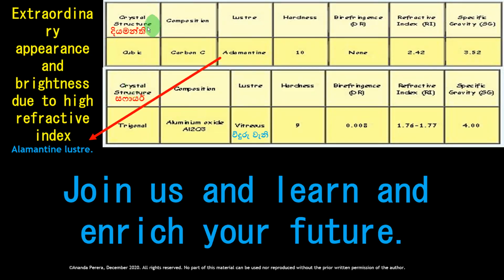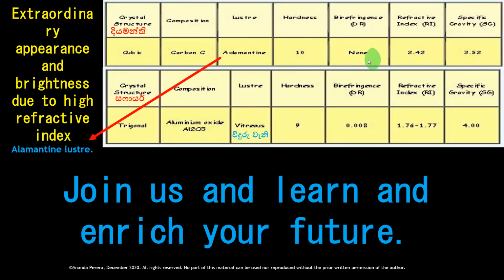Crystal structure, you can compare these 2 tables with sapphire and diamond. Sapphire is trigonal, but the crystal structure of the diamond is cubic. Composition is pure carbon. Composition of the sapphire is aluminum oxide. Luster is adamantine in diamond. Luster in sapphire is vitreous, like glass. Hardness 10, sapphire hardness 9.